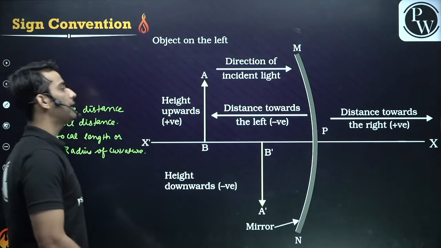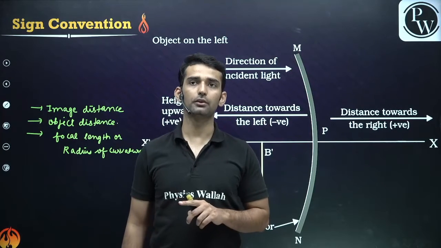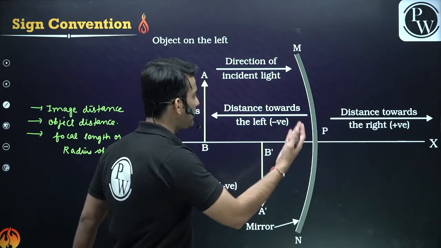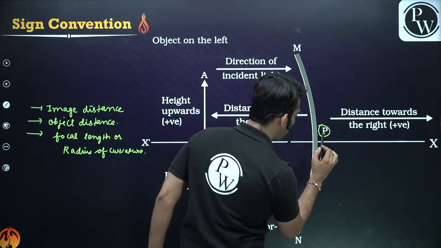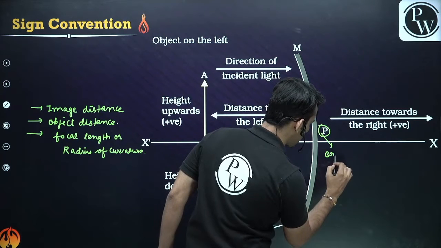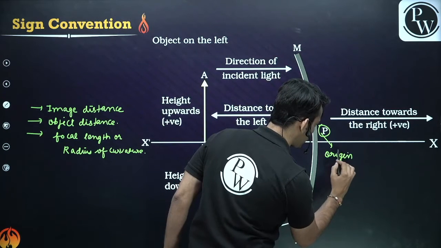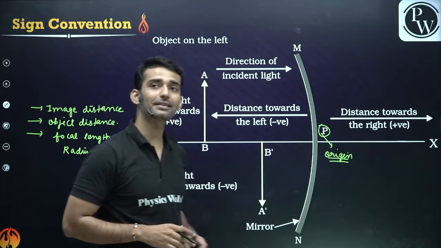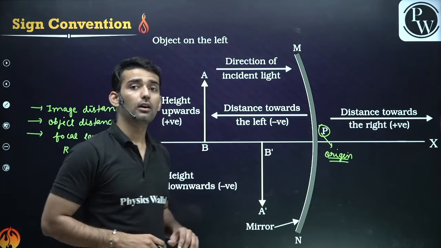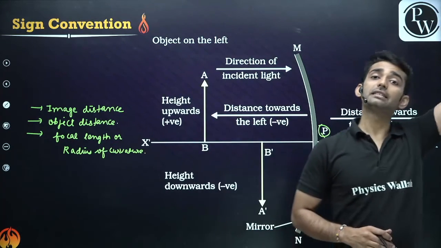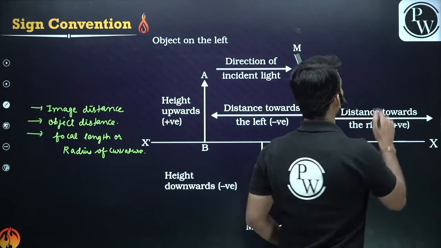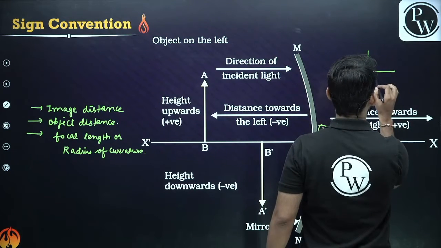How? If I take any mirror, now listen to me very, very carefully. The pole of the mirror is taken as the origin. Origin of what? Origin of the Cartesian plane. Can you recall it, guys? This is the origin.